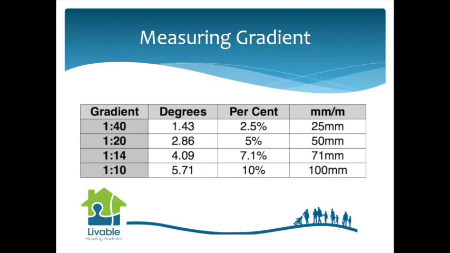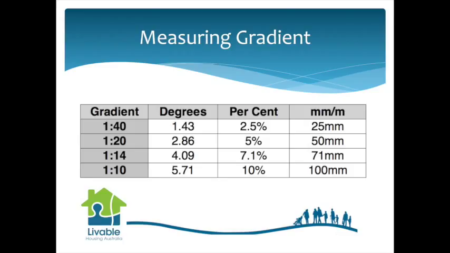So a 1 in 40 gradient is only 1.43 degrees, and that means that over a 1 meter length the y dimension would be only 25 millimeters. So millimeters per meter is the y dimension over the x dimension, where x equals 1 meter. 25 millimeters drop over a 1 meter distance.